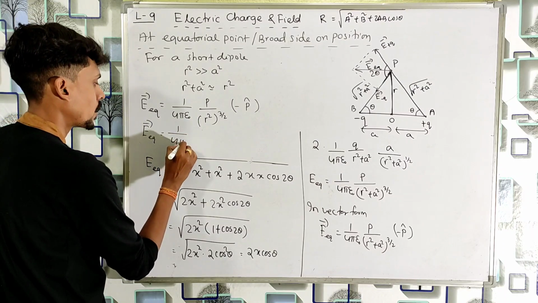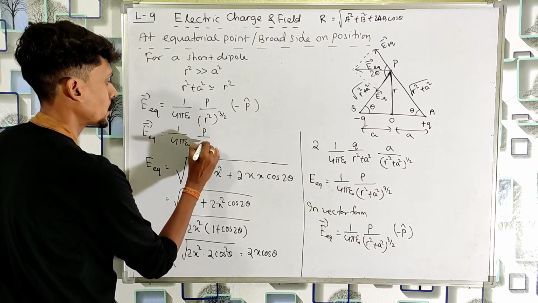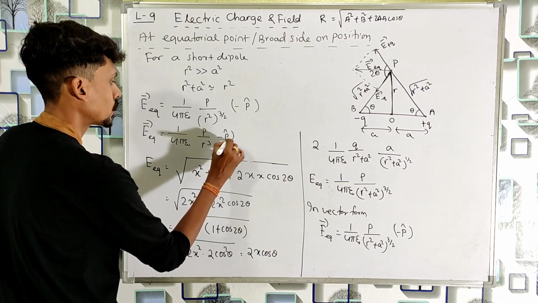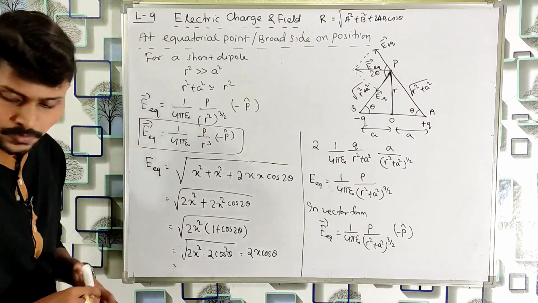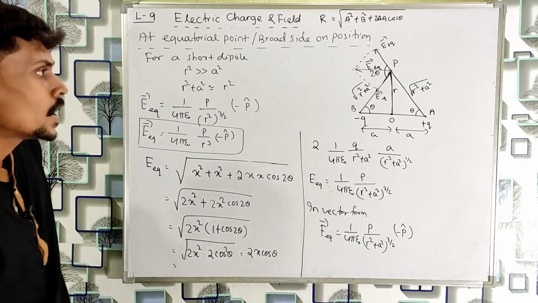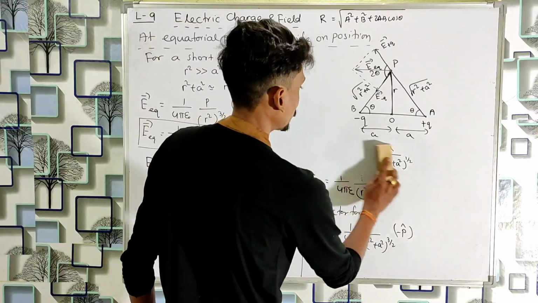1 by 4 pi epsilon naught p by r cube minus p cap. So this is the expression for the electric field due to a dipole at the equatorial point.